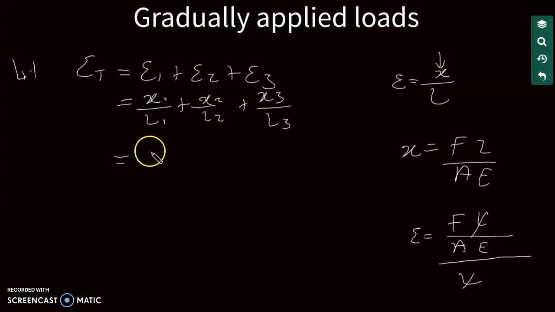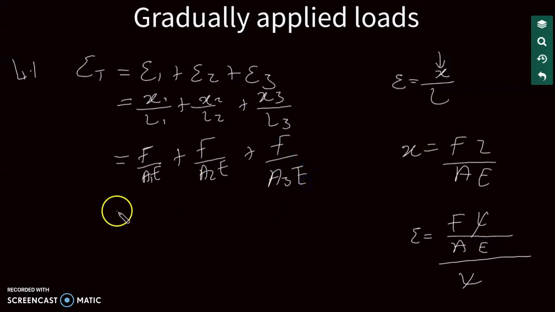Our strain is equal to F divided by A E, that will be area number 1, plus F over area number 2 times strain, plus F over area number 3 times strain.